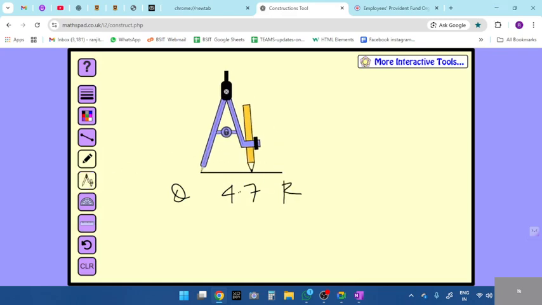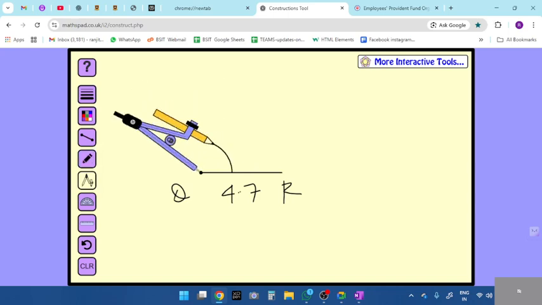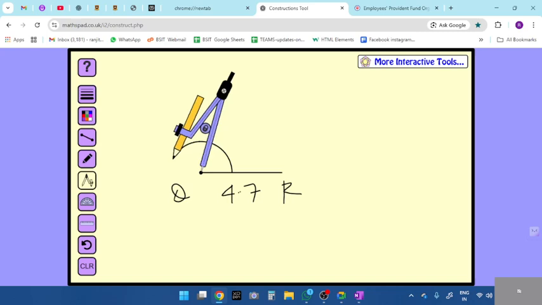Okay, Ananya, always take 2 centimeters in the compass. Okay, take 2 centimeters. How do you draw 120? Can you tell me 120? How many arcs do I have to cut?